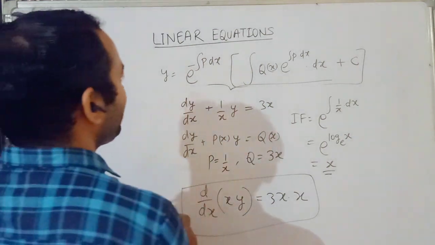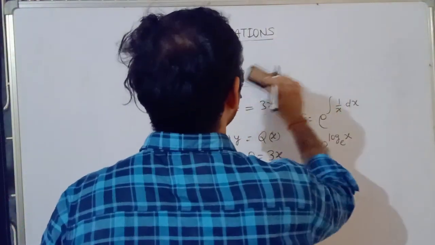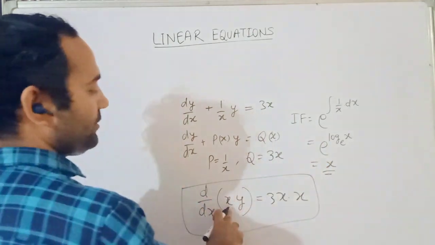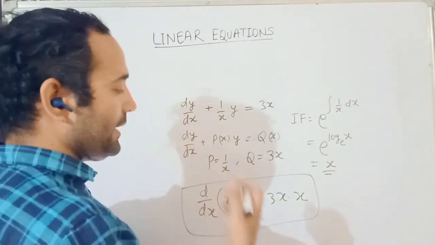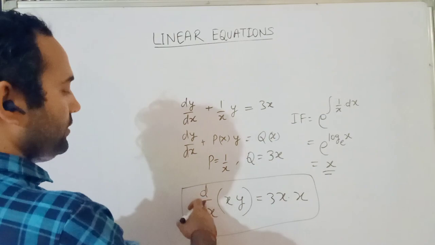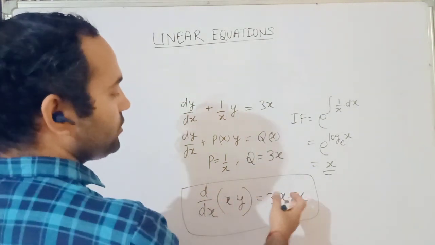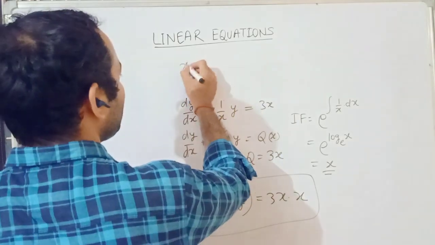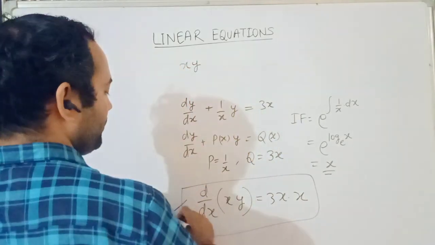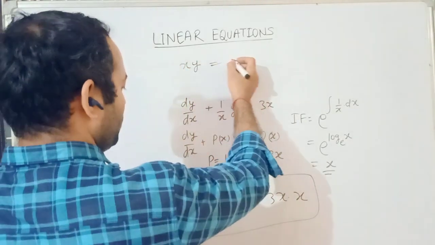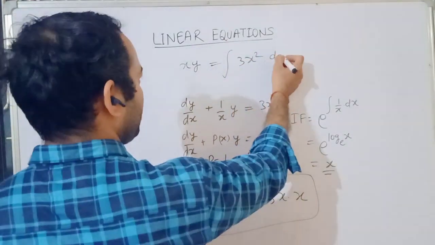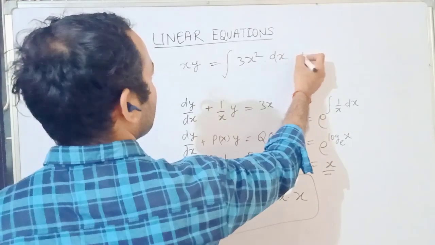What will you get if you integrate? You don't have to remember that formula. You just multiply the integrating factor with y and take this derivative, which is equal to q(x) into x. Now once you integrate both sides, the equation is xy is equal to the integral of 3x square dx plus c.